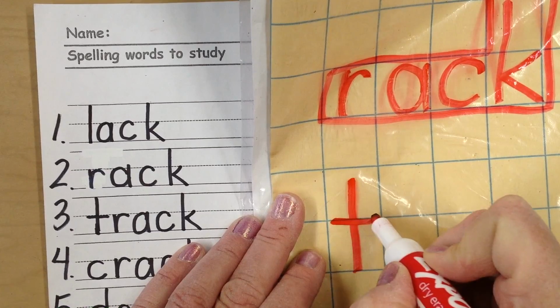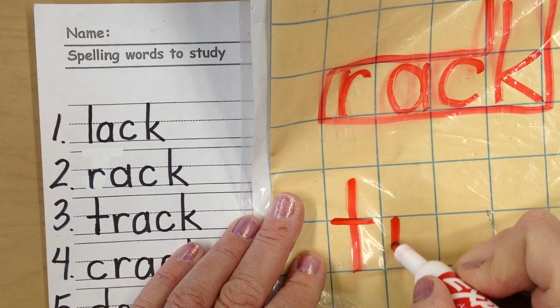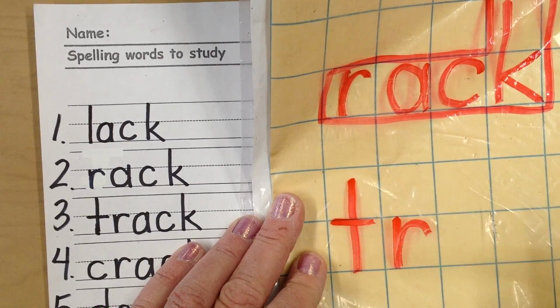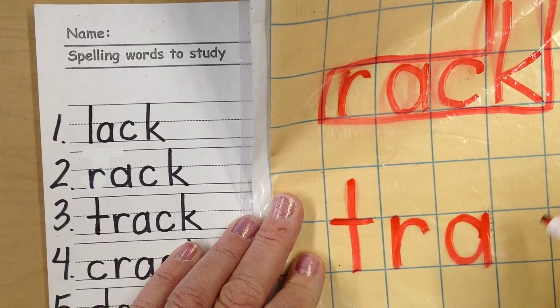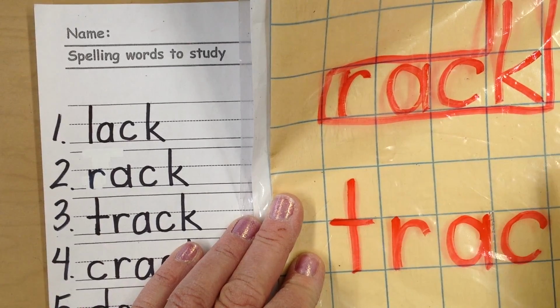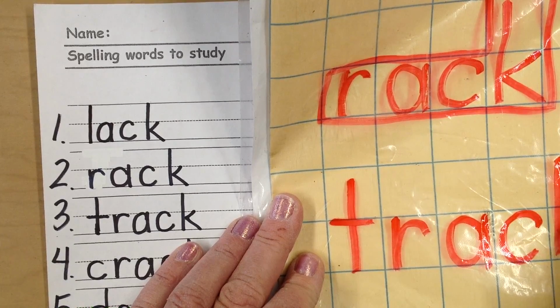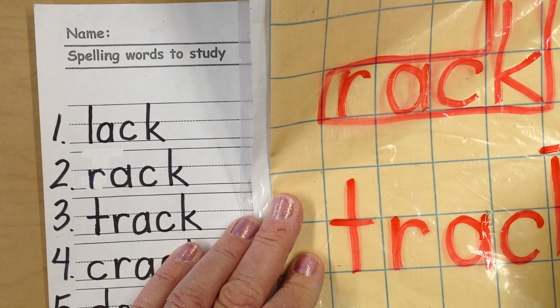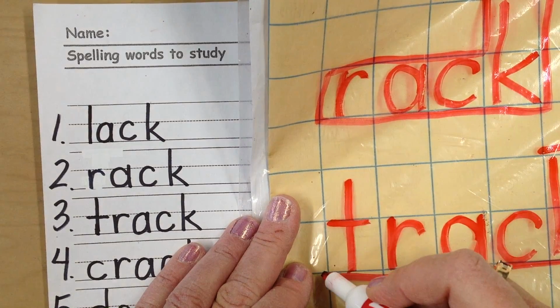Either one's okay as long as you cross it there in the middle so it's not a capital. T-R, tur, and then you need the A and the C, and then that K, a long line, but this part is short. We're going to go around the whole thing.